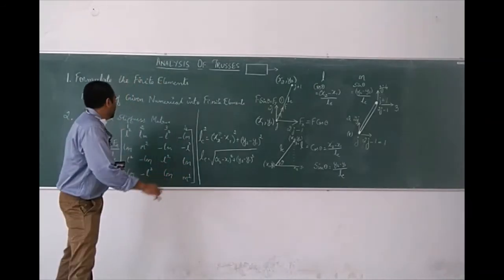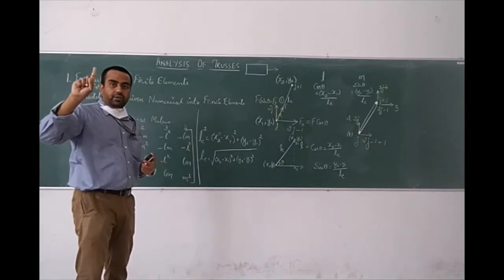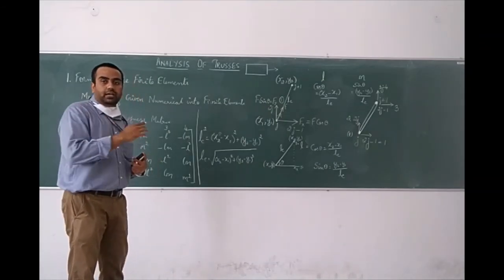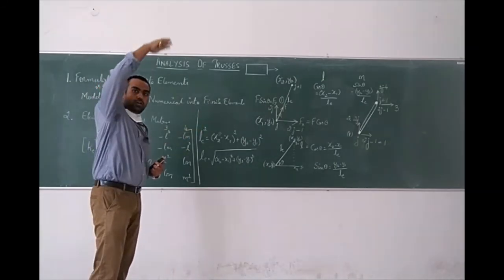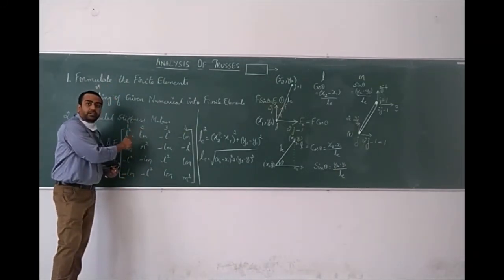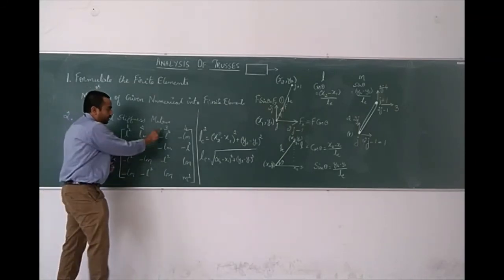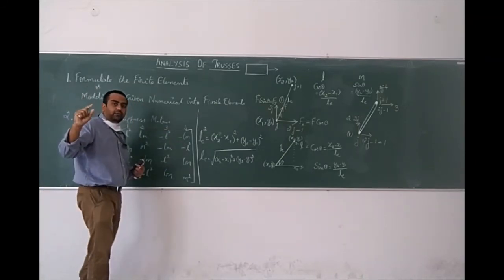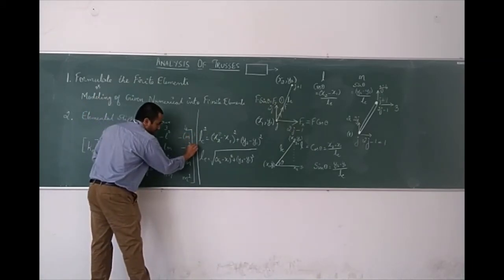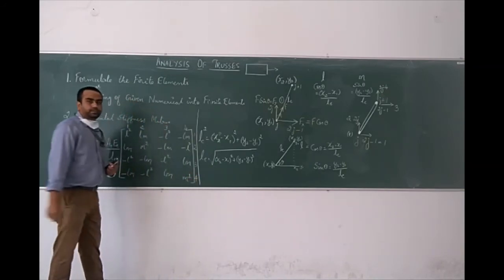So that doesn't hold good here. In the bar there was only 1 degree of freedom for one node. Here one node has 2 degrees of freedom, one along the x direction, one along the y direction. So 1 and 2 both denote the degrees of freedom for node 1, and 3 and 4 denote the degrees of freedom for node 2. So again 1, 2, 3 and 4.